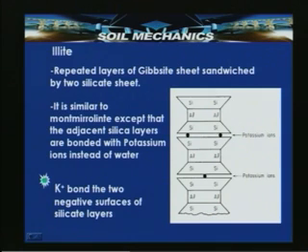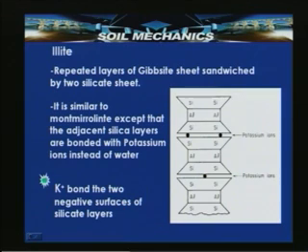So, these potassium ions bond the two negative surfaces of the silicate sheets tightly. With that, it has more affinity for water than kaolinite, but less affinity for water than montmorillonite.